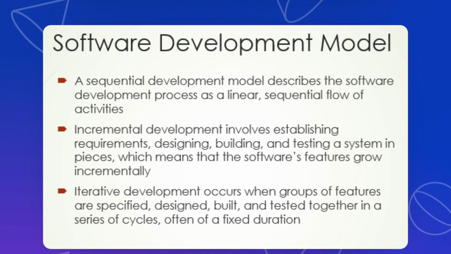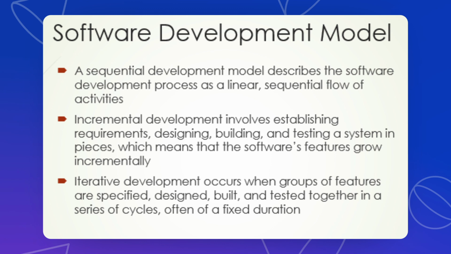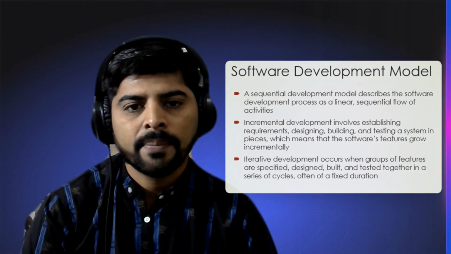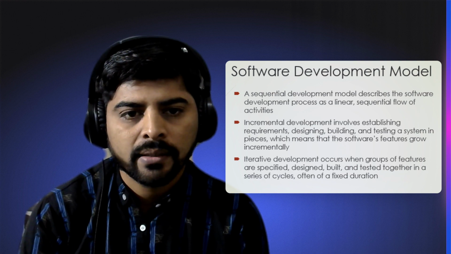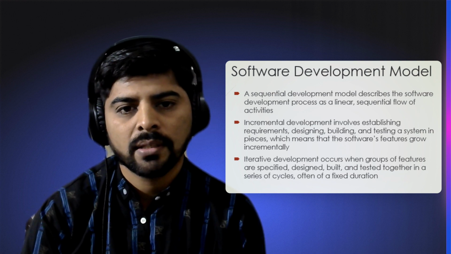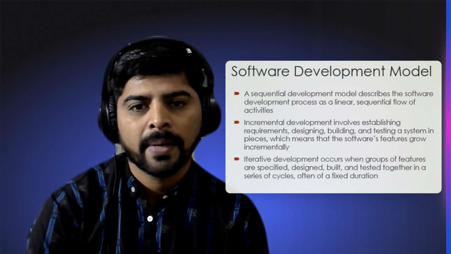Now let's discuss the software development lifecycle models. In the sequential development model, we describe the software development process as a linear sequential flow of activities, whereas in the incremental development model, we define requirements and design, and test the system in pieces, which means that software features grow incrementally.